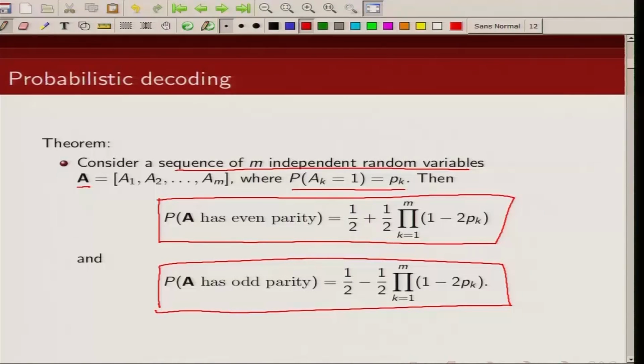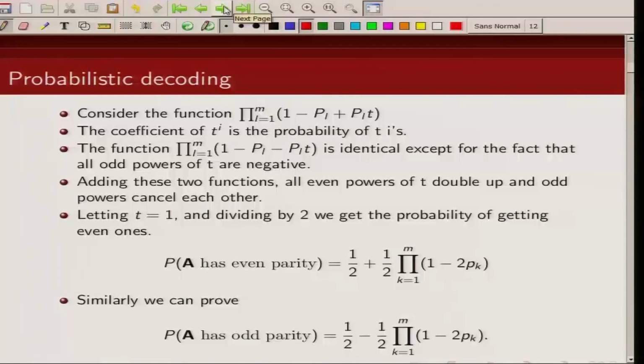Now, we will derive our expression for decoding algorithms based on this result. So, let us first try to prove this result. Let us consider a function of the form product of (1 minus pl plus pl t). If we look at the coefficient of t to the i here, this will give us the probability of i ones.